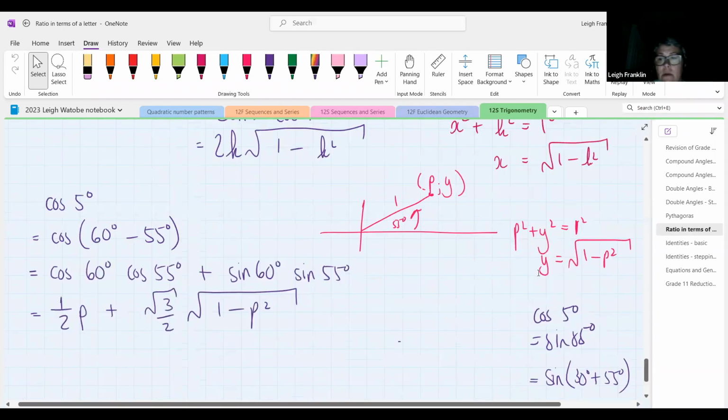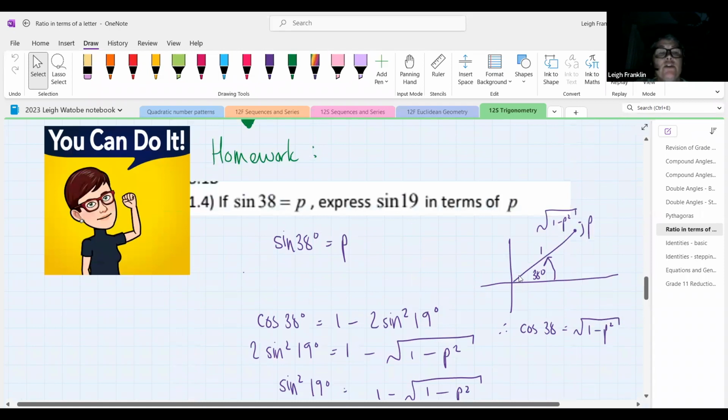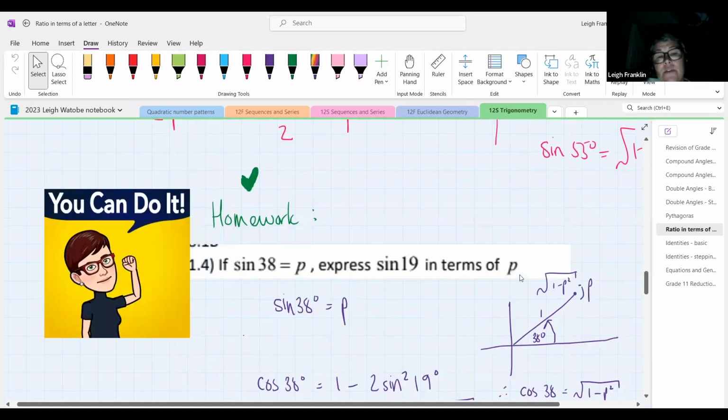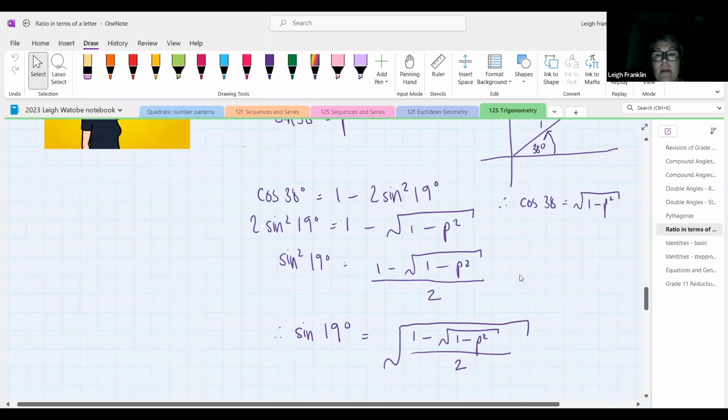Do you remember I gave you this as homework? If sine 38 equals p, express sine 19 in terms of p. You can take a screenshot of that as well. That was what you should have got as an answer. So that was the homework from the last time.